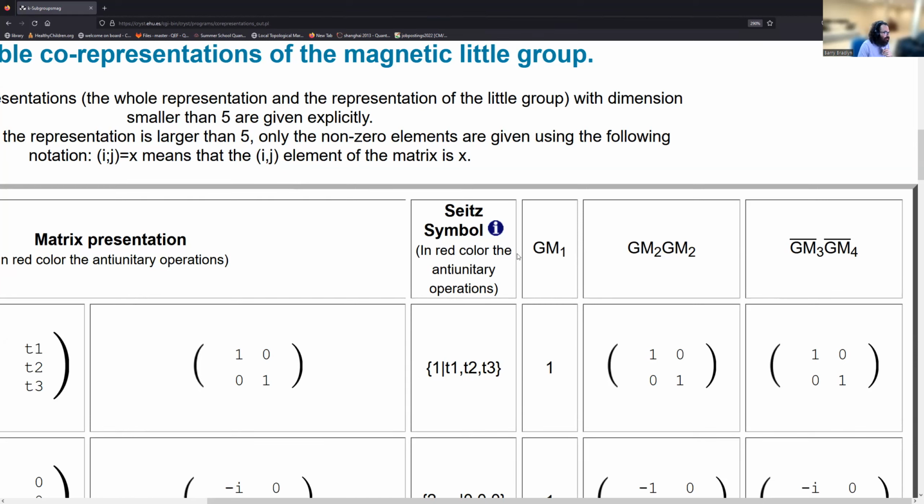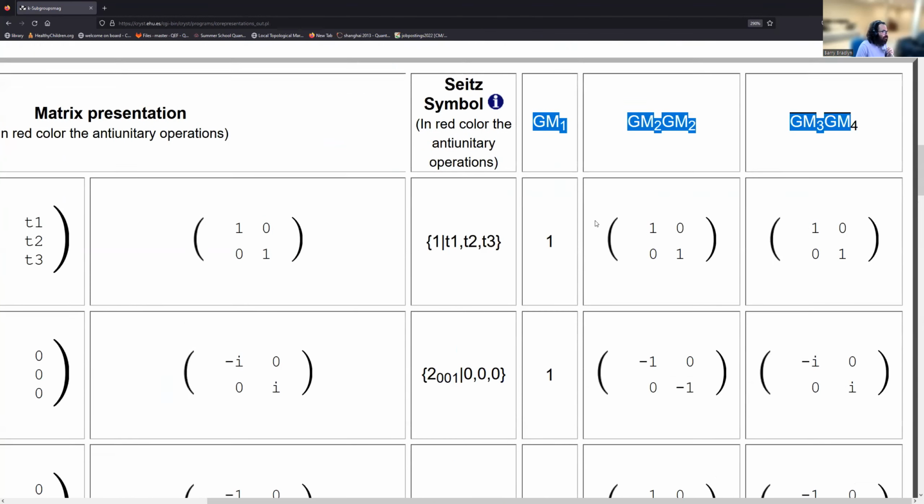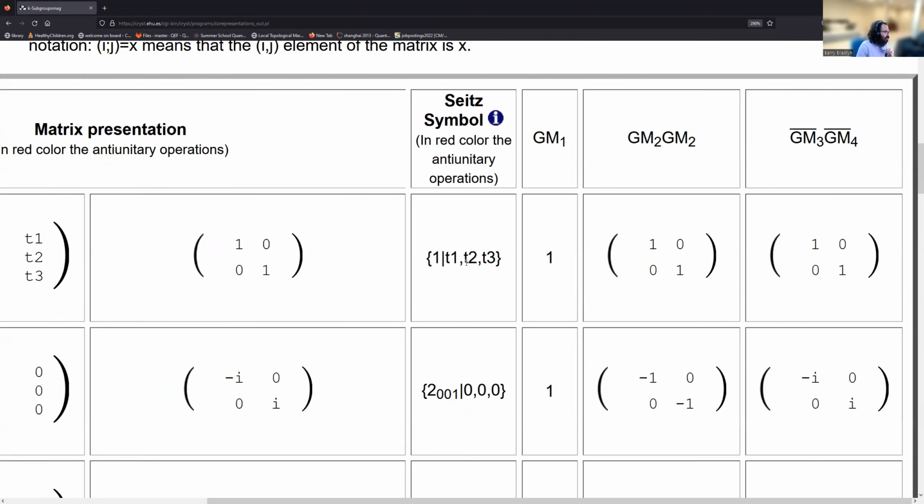There's 3 of them now. And the representation matrices for each of the symmetry operations. We see here that this gamma 1 co-representation has dimension 1. Its representation matrices are just numbers. The other 2 co-representations have dimension 2.